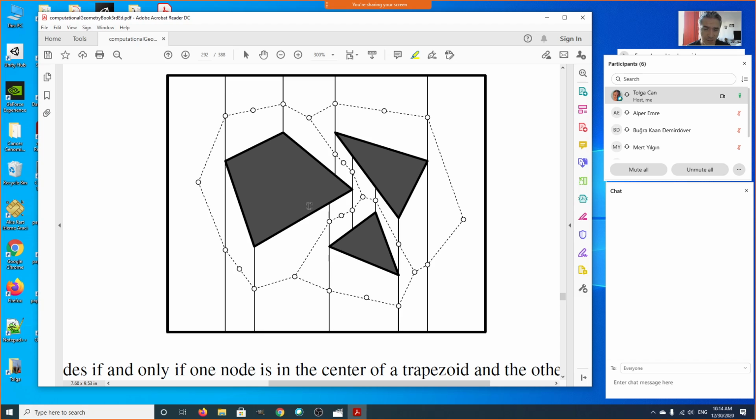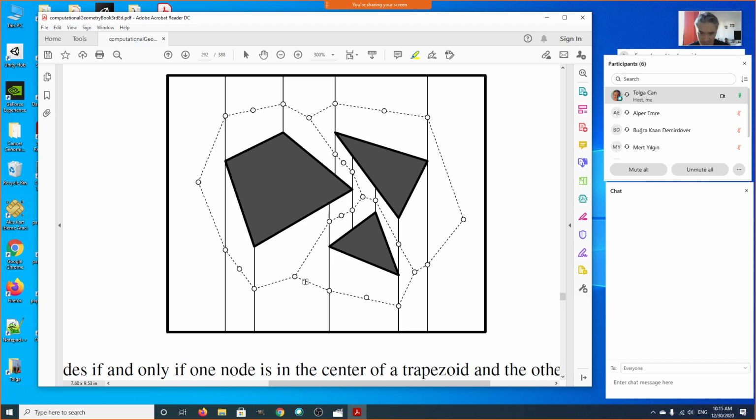If you remember the trapezoidal map, every trapezoid has two vertical boundaries on the left and on the right. It may be the case that there is a single boundary either on the left or right. In this case, our trapezoids will be like a triangle, a degenerate trapezoid.